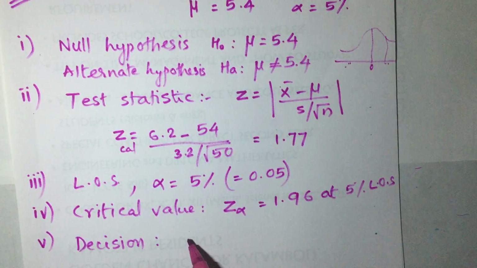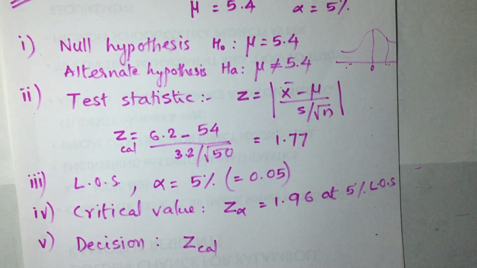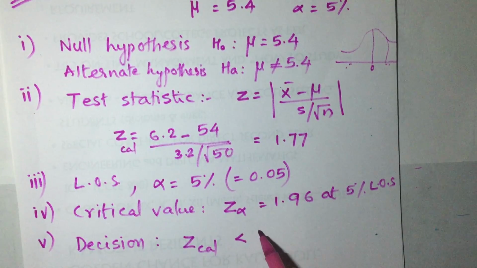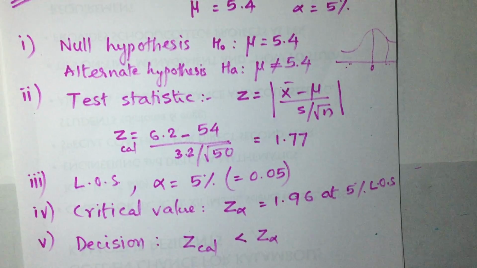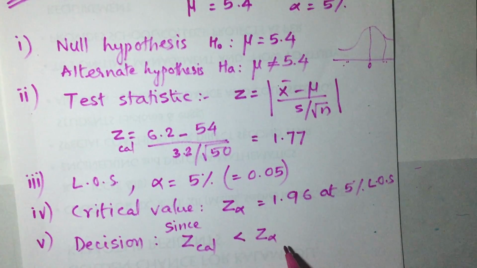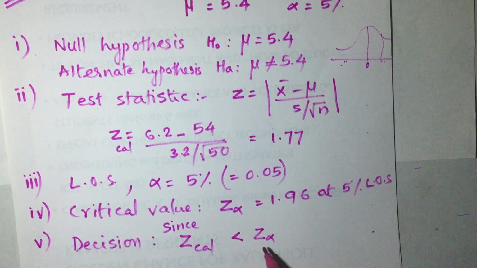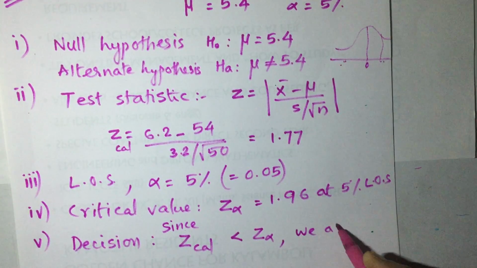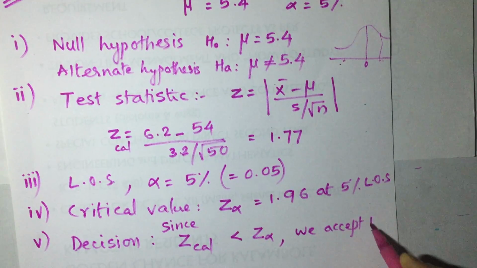The decision is that if the calculated value is less than the table value, since Z calculated is less than Z alpha, we accept H0.